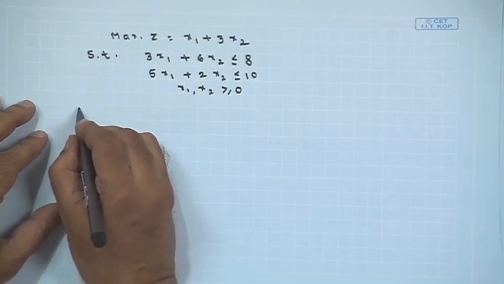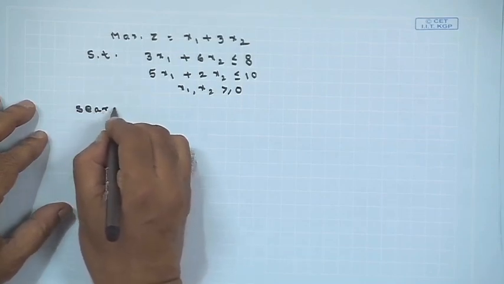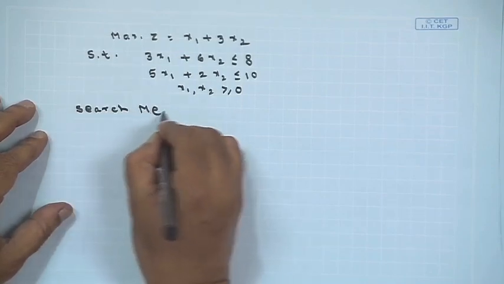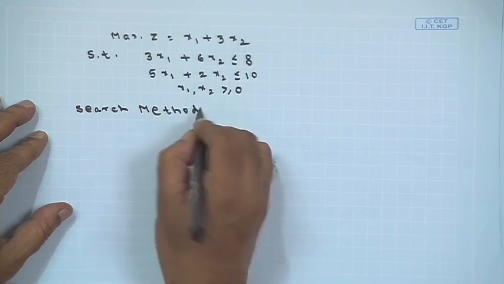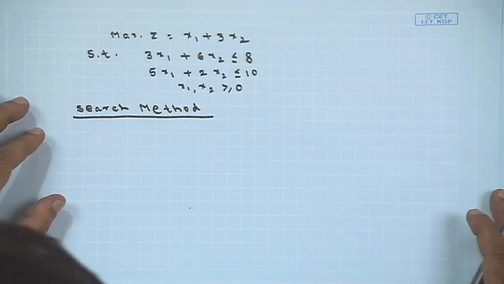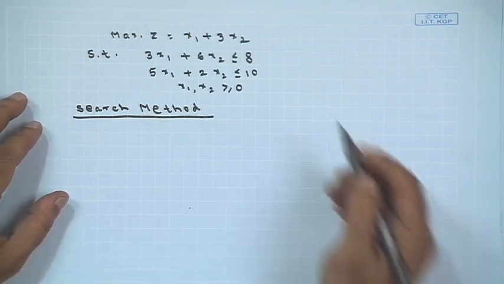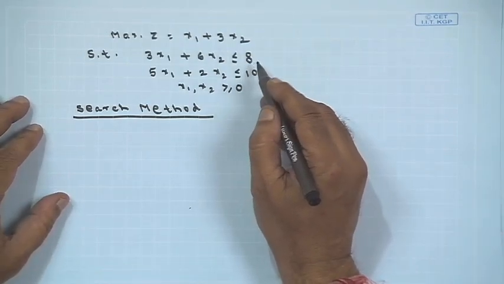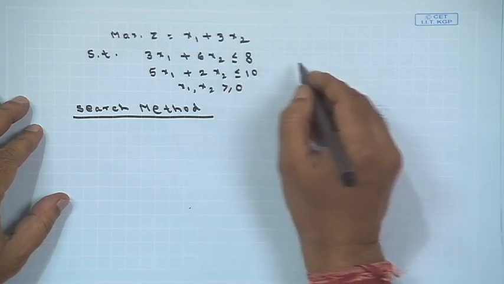First let us do this problem using the search method, then we will see the same problem with the Isoprofit method. In the search method, first you convert these inequations into equations.